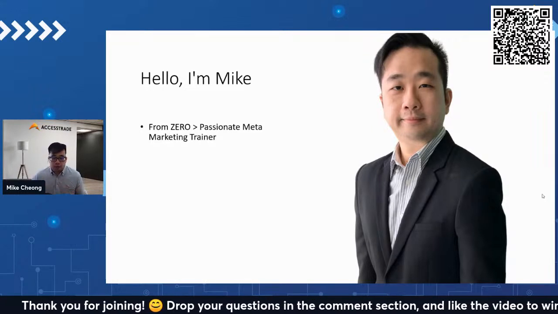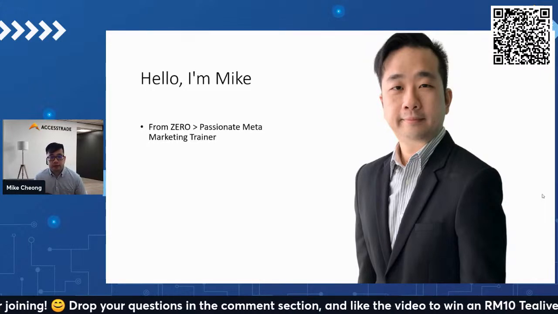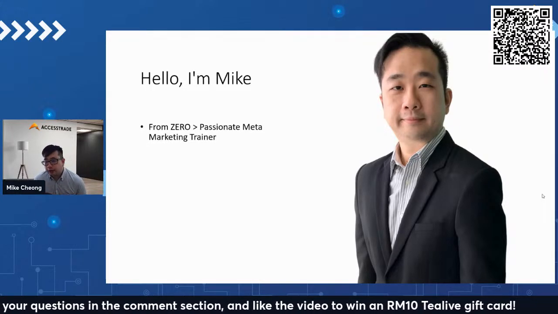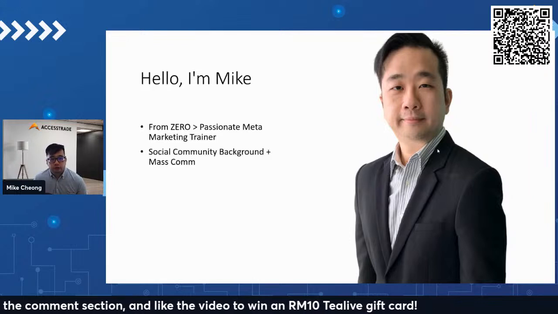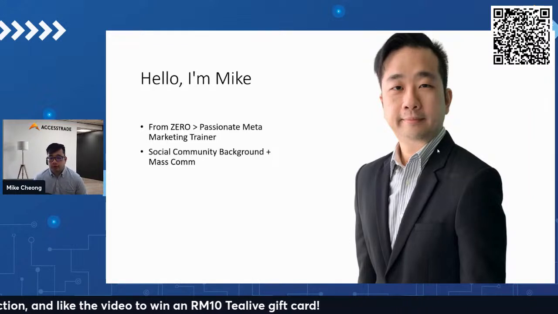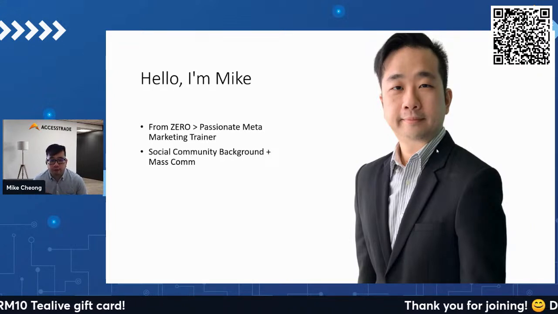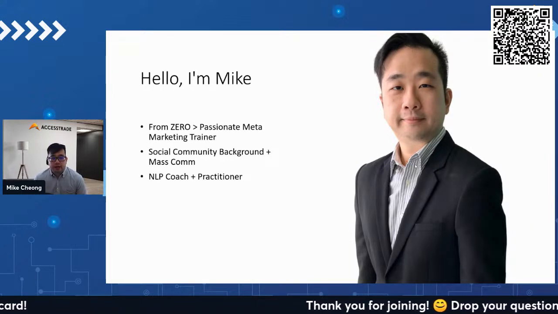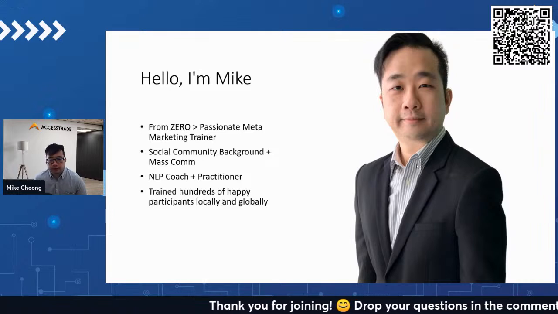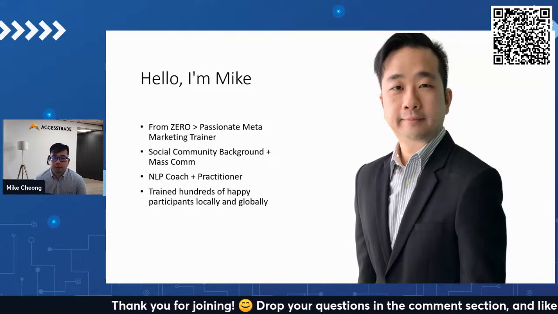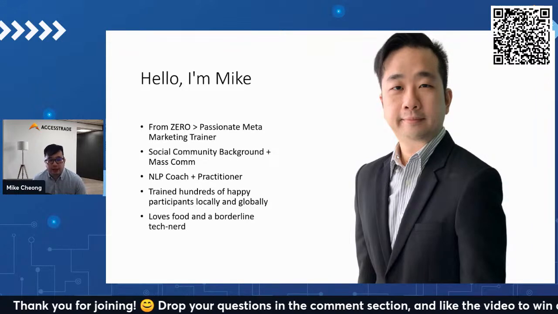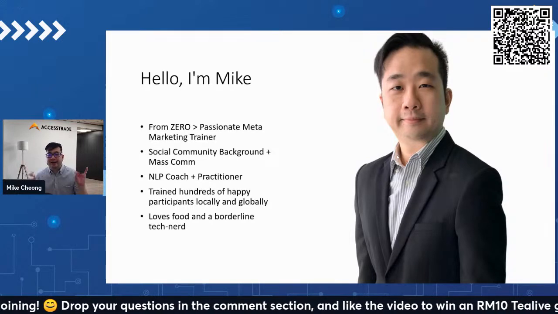Now, fast forward many years later, I'm a passionate Meta marketing trainer. My background is from a social community, and I graduated from mass comm. I'm also an NLP coach and practitioner. I train hundreds of happy participants locally and globally, and love food and a borderline tech nerd.